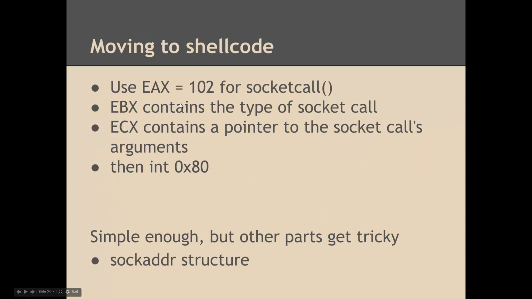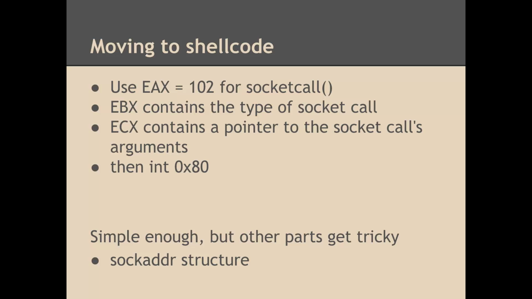But to continue on the recap, we're going to have to specify when we're making the system call that we're going to use socket call. So EAX will be occupied telling system call to pass the rest of the data to the socket call handler.